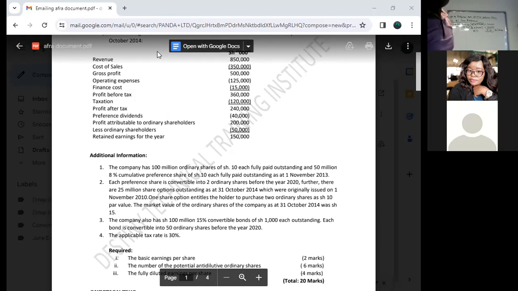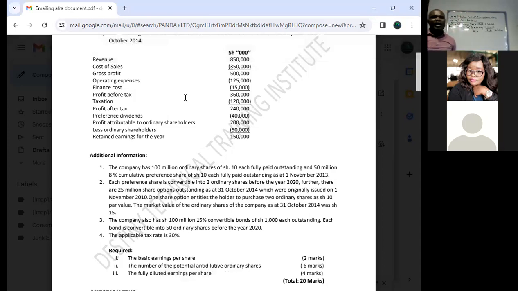We proceed. Note, the same note 2. We haven't exhausted note 2. They said somewhere, further, there are 25 million share options outstanding as of 31st October 2014, which were originally issued on 1st November 2010.